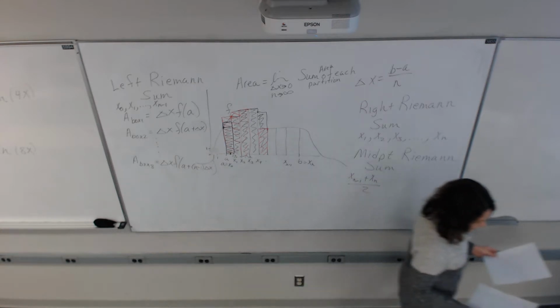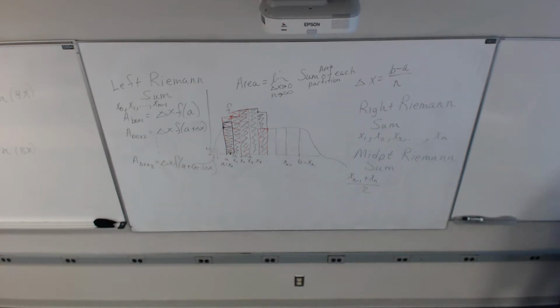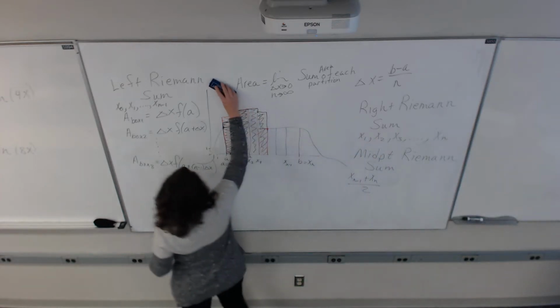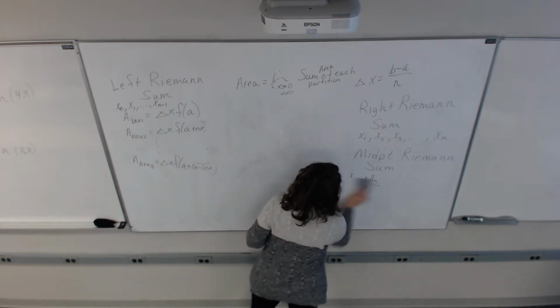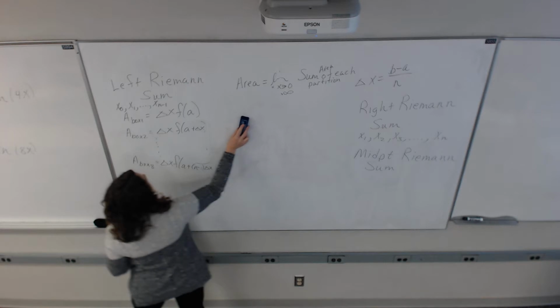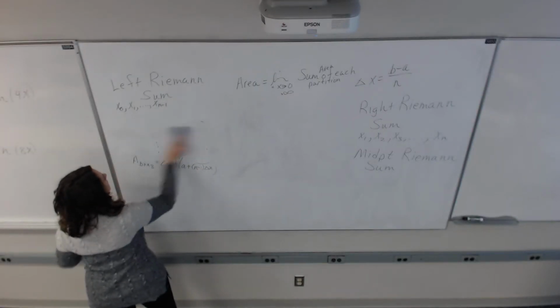So let's do an example of one. Let's put one up here, and I'll show you exactly what it comes out to be. All right, I think we'll leave that there.